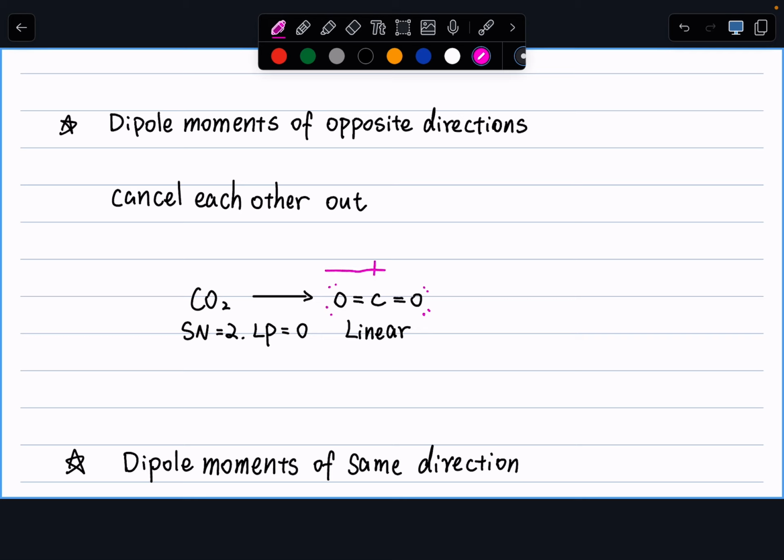So we have two different dipole moments pointing from carbon to oxygen. However, these dipole moments are exactly the same magnitude because both of them are carbon-oxygen double bonds. They are exactly opposite in direction, so they cancel out with each other, making CO2 a nonpolar molecule. Or we say that CO2 doesn't have a net dipole moment.